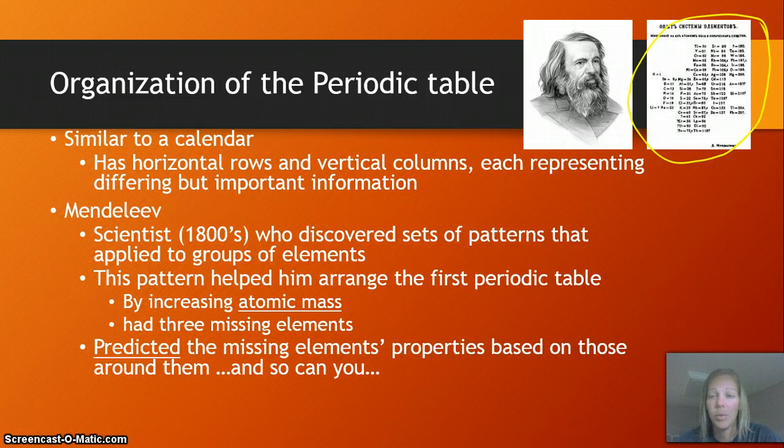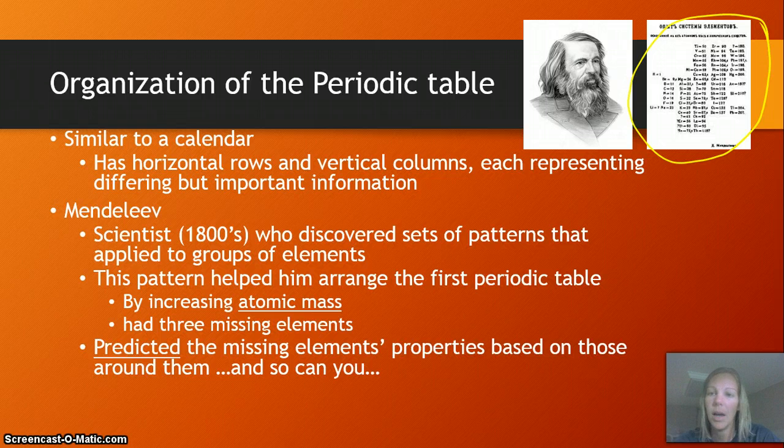And he was able to predict some of the elements that had not been found at the point that he constructed the first periodic table by using the properties of the ones that had been found to predict them.